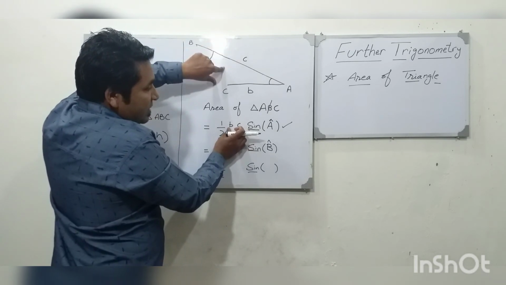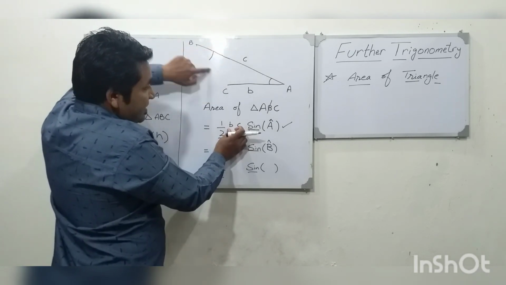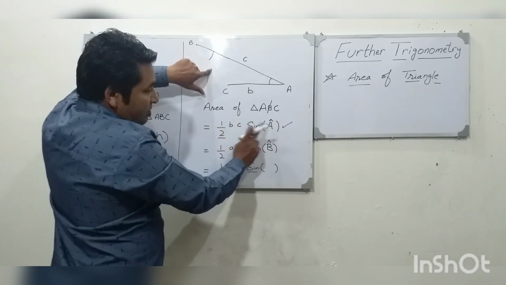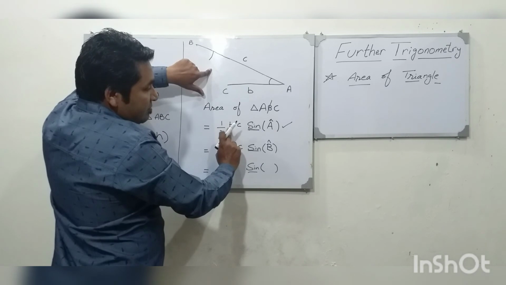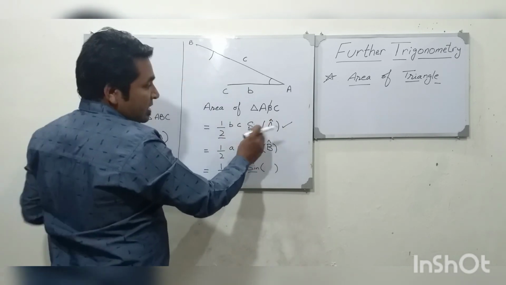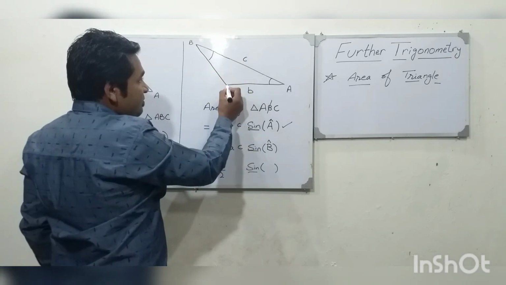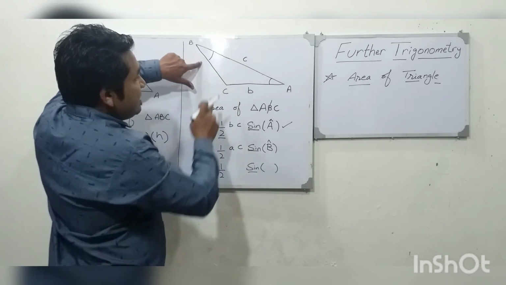So I hope you are getting it, because I can't write here a, c, sine of A, no, or a, b, sine of A, no, that is wrong. So you have to be very careful about which angle you are using.